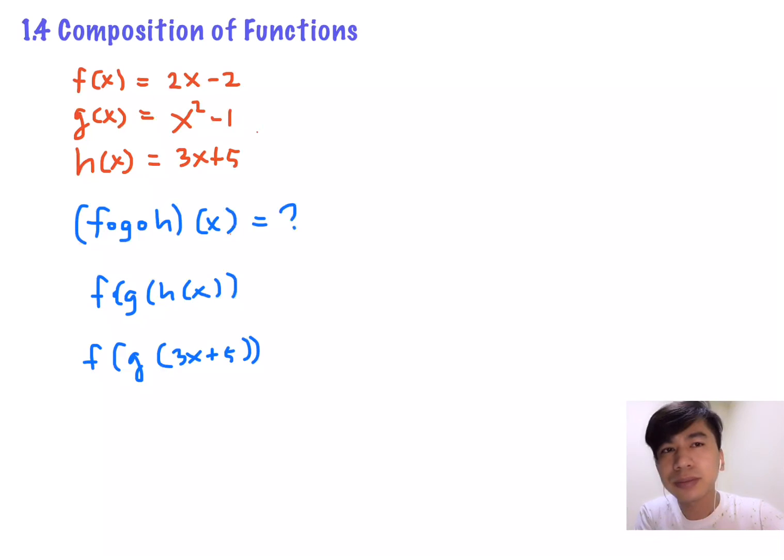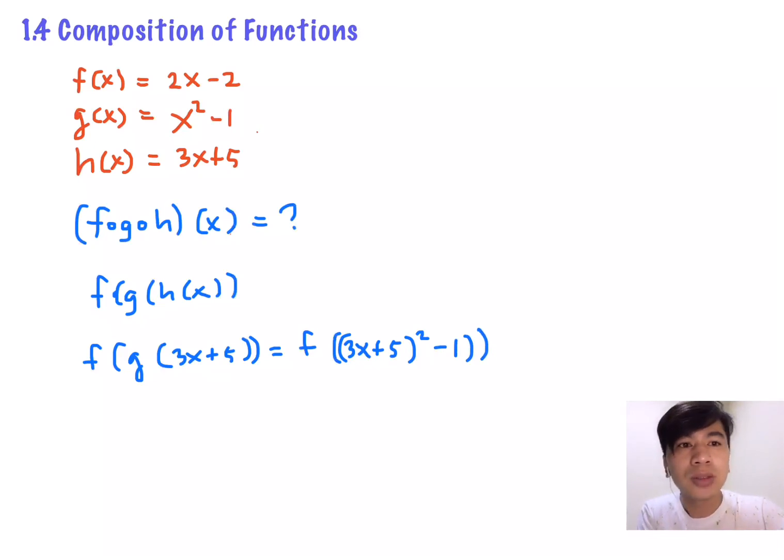From here, 3x plus 5 is substituted into g, and then we'll have f of (3x plus 5) squared minus 1.